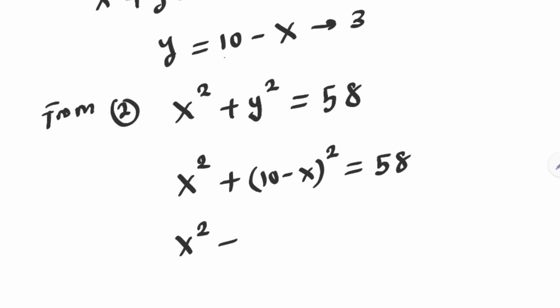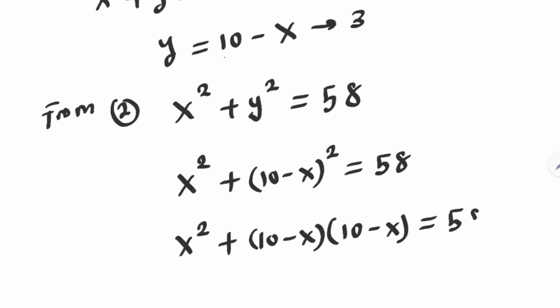Here (10 minus x) square can be written as (10 minus x)(10 minus x), equal to 58.